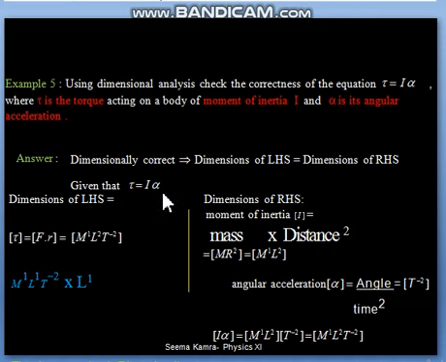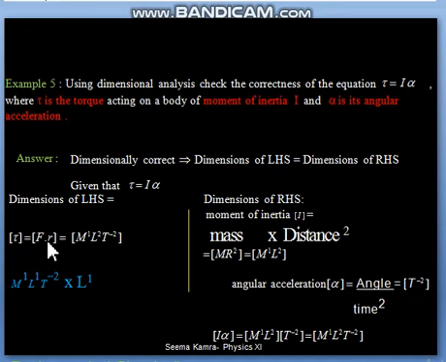How do we check that it is dimensionally correct or not? So left hand side and right hand side we will solve separately. On the left hand side of equation we are given torque. We have to replace it with its dimensional formula. So we will take the help of its basic formula, force into distance.